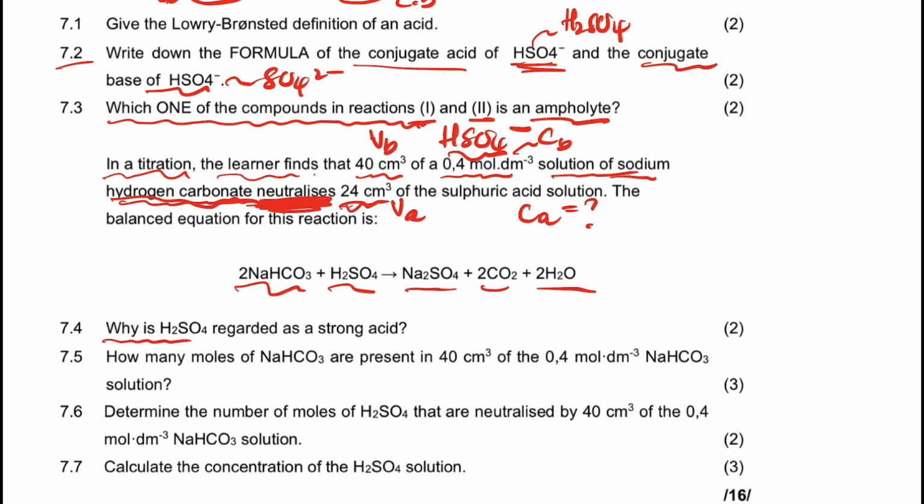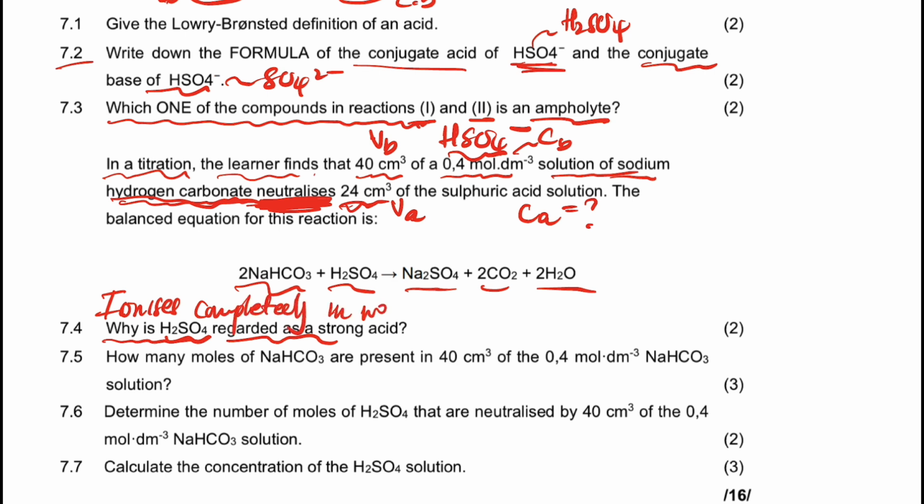Now it says 7.4. Why is sulfuric acid regarded as a strong acid? Guys, it's very important. It's because it ionizes completely. This is a very important question.